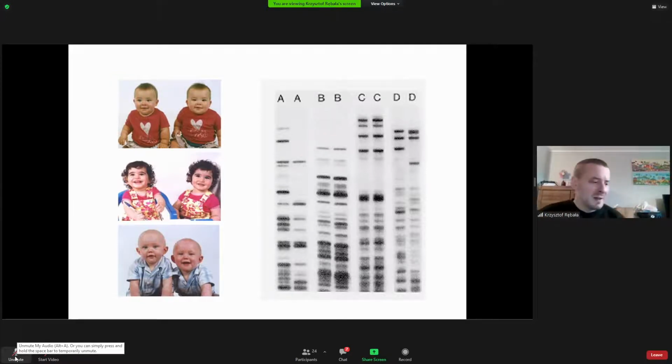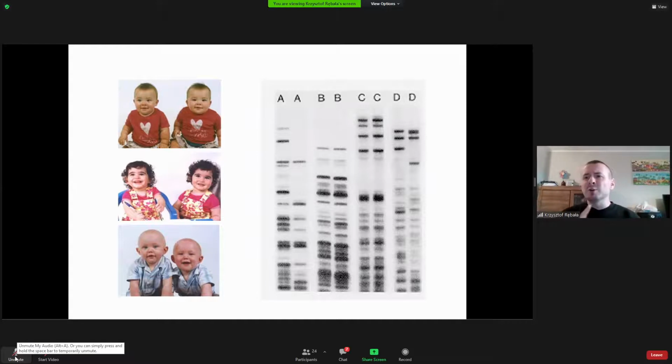Now we have a science fiction question, because some of you suggested to me that clones are genetically identical. Is it possible to distinguish them?